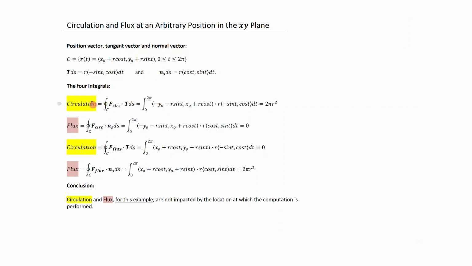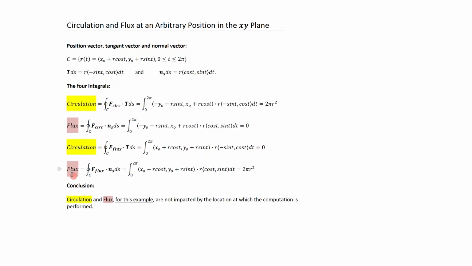If we do this calculation now, with a different circulation at this particular location, we find that we end up still with the same value as before, 2 pi r squared. Similarly for flux, we still end up with 0. If we compute the circulation, assuming the field is pure flux form, then we end up with 0.